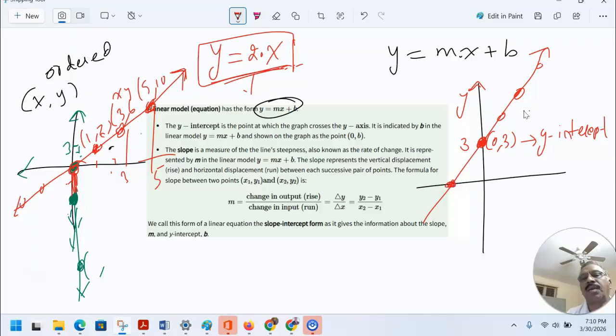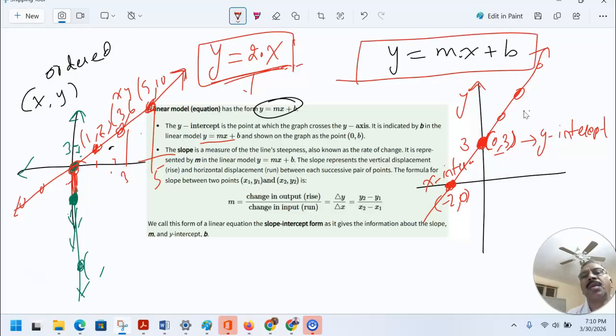If it crosses the x-axis at minus 2 comma 0, that becomes the x-intercept. So x-intercept and y-intercept are the points on the x-axis or the y-axis, written as an ordered pair. That's why our main equation is y equals mx plus b.